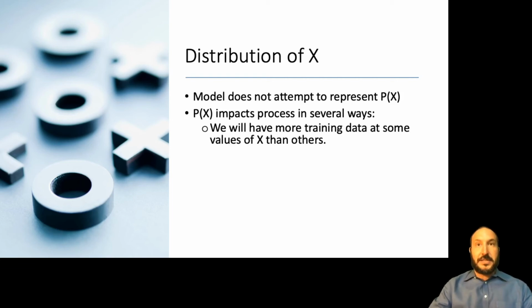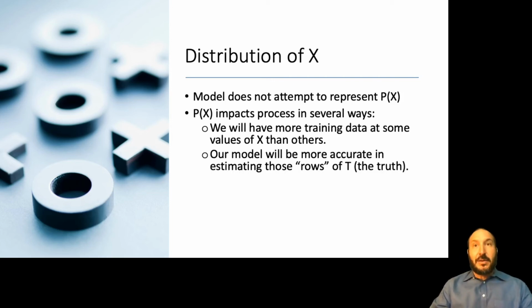The first way it's going to influence us is that we're going to have more training data at some values of x than others. So if we have a hospital that mainly serves older patients, and our distribution that the universe has picked, P(x, y), is such that P(x) is skewed toward older patients, we're going to have a lot more training data at, say, older patients than younger patients.